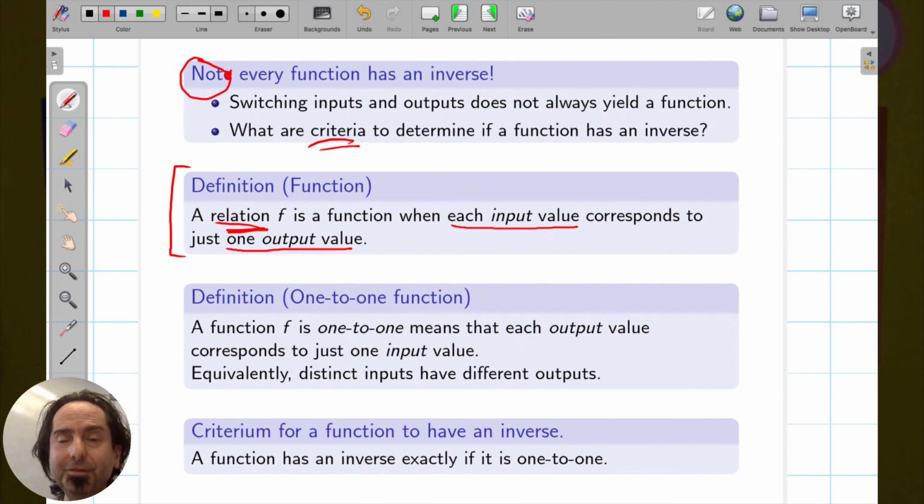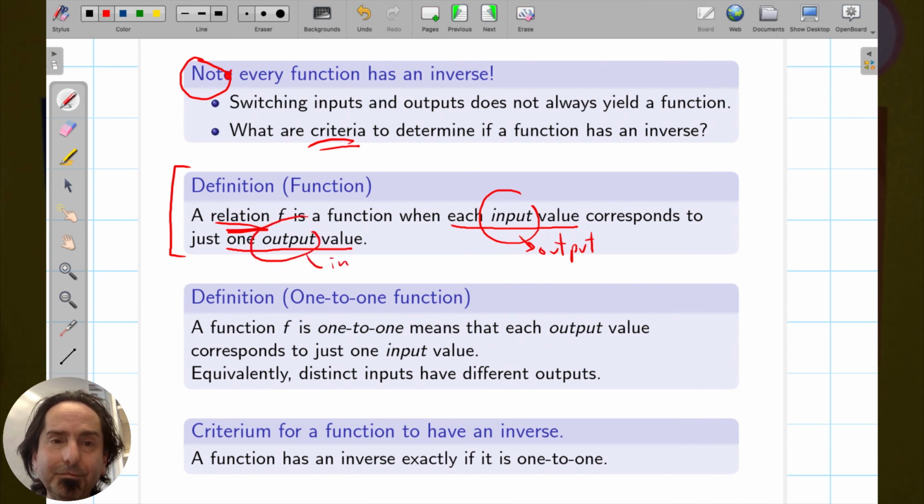But that inverse relation is only a function if, switching input to output, each output value corresponds to just one input value. So that's the condition.